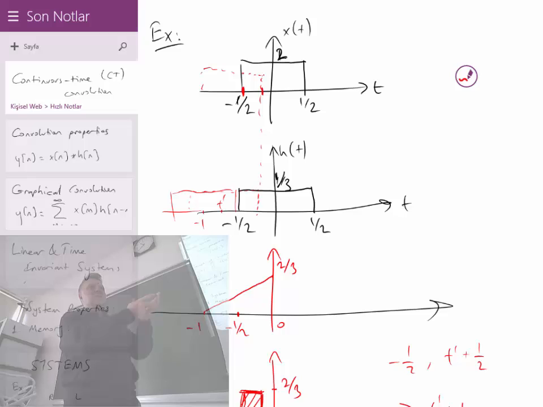And afterwards, it will start linearly decreasing back to 0, where it will go back to 0 at plus 1, because when it comes here this time, the overlapping will be nothing. So it's a steady decrease to 0, and this will be equal to y of t over the axis of t.